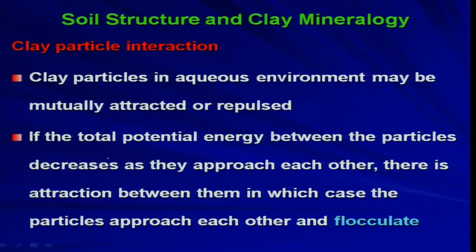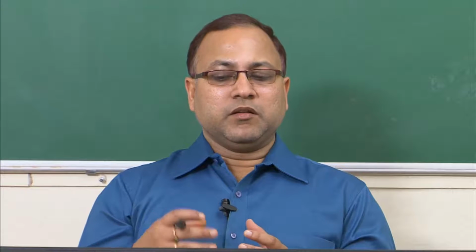If the total potential energy between the particles decreases as they approach each other, there is attraction between them, in which case the particles approach each other and flocculate. That means if the potential energy is decreasing, the particles will be attracted to each other and will flocculate, basically making a flock, a kind of group.